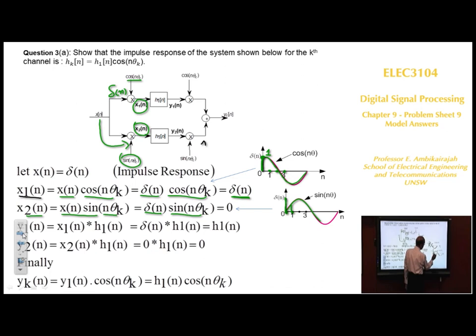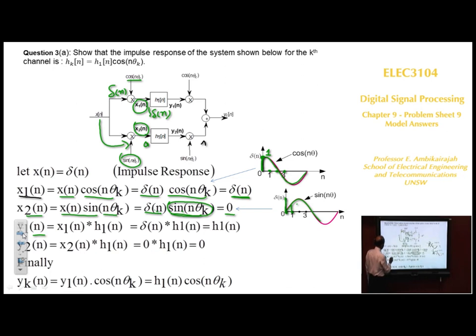Everything is 0 when you multiply them for the sine, because sine at theta equals 0 is 0, and delta is 1, but 0 times 1 is 0. So you get 0 here, and here you will get delta n.